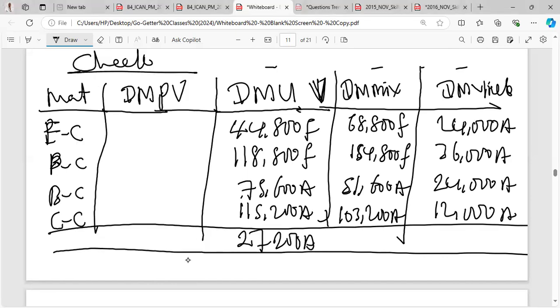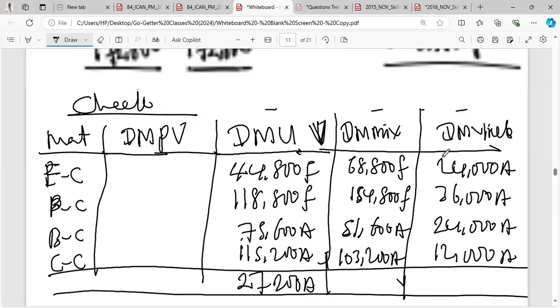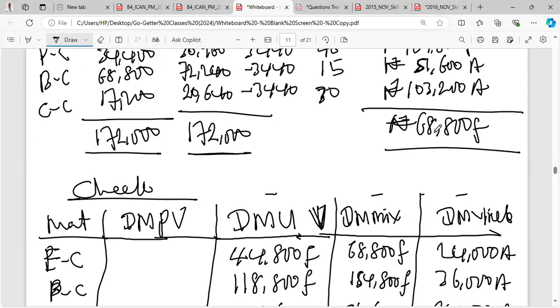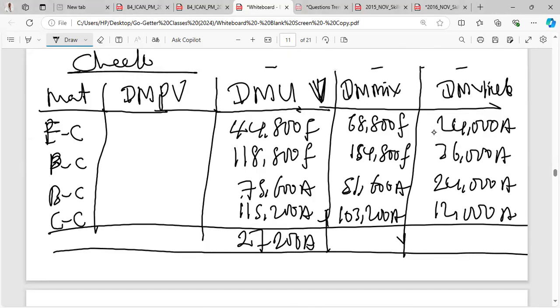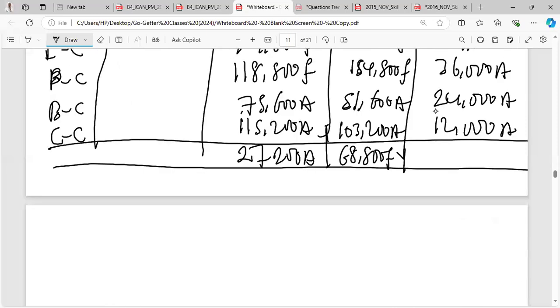Let's check if that is correct. 68,800 favorable here. This was 96,000 adverse.